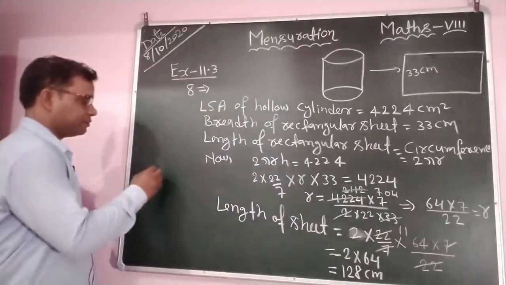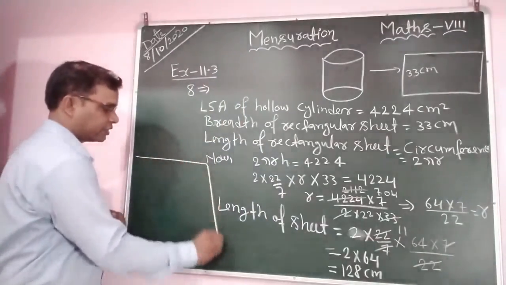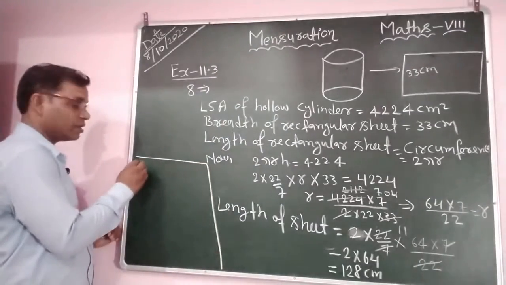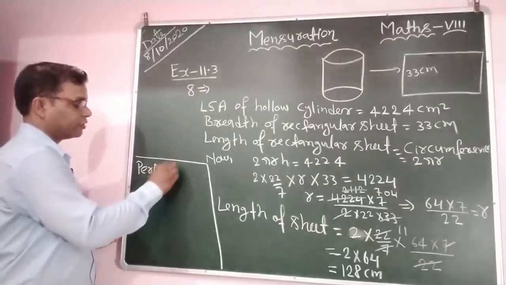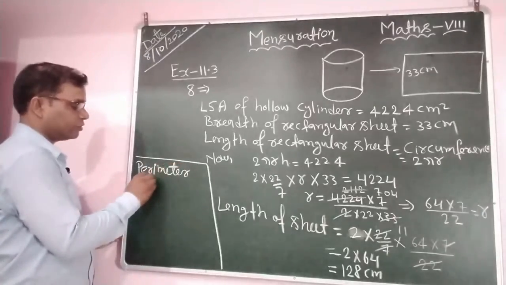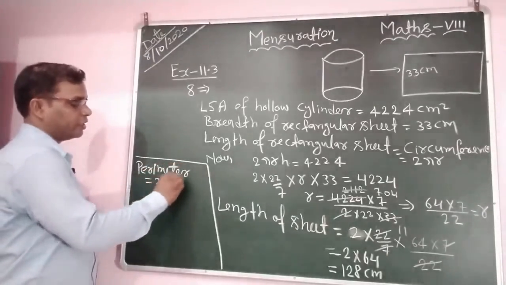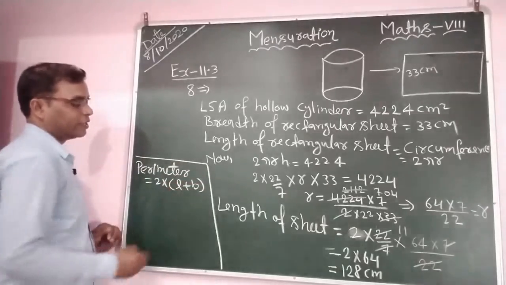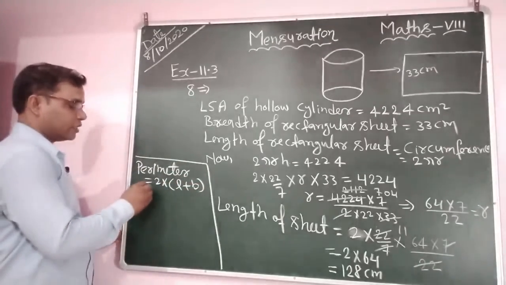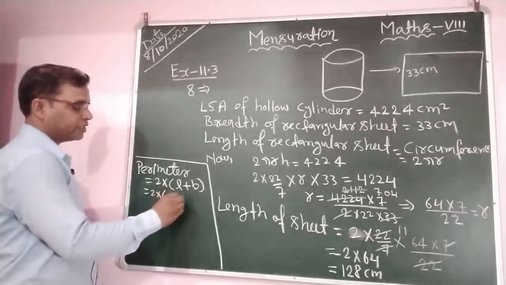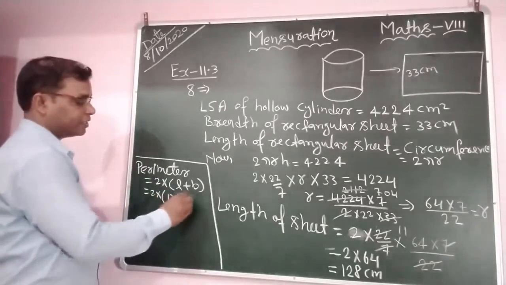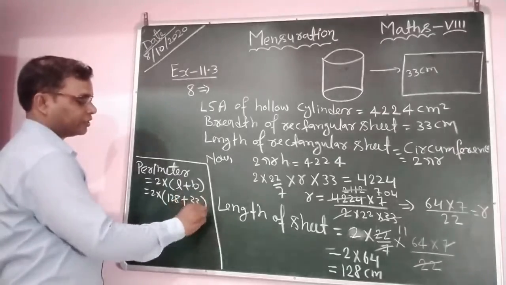Now you need to find the perimeter of the rectangular sheet. The perimeter of the sheet is equal to 2 into length plus breadth. So 2 into length, which is 128, plus breadth, which is 33.